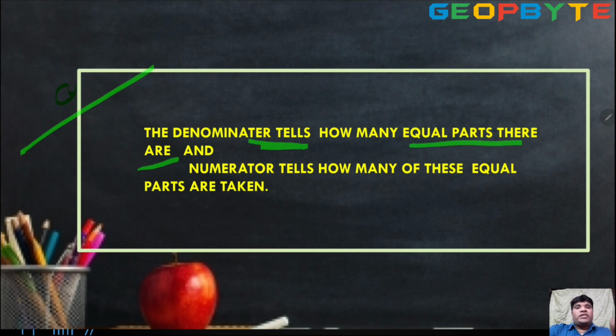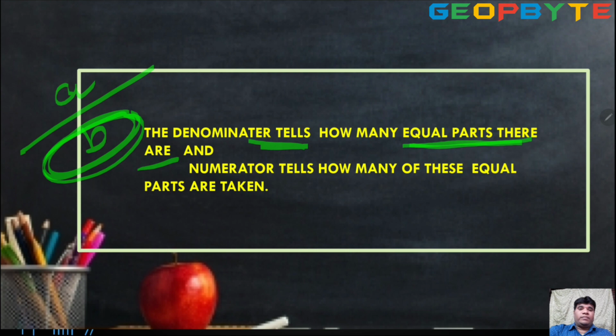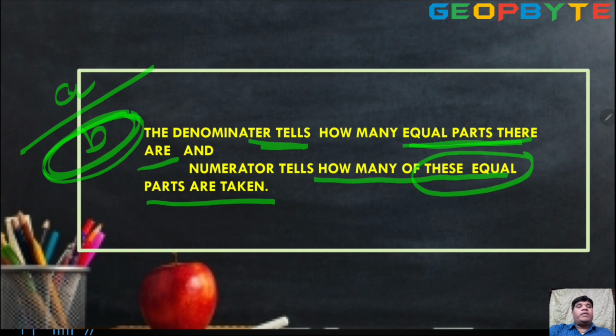Suppose this is a fraction a by b, this b is the denominator. This denominator indicates how many equal parts there are. The numerator tells how many of these equal parts are taken.